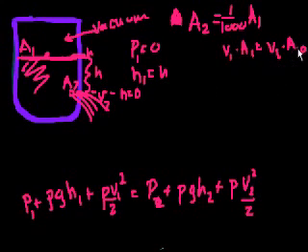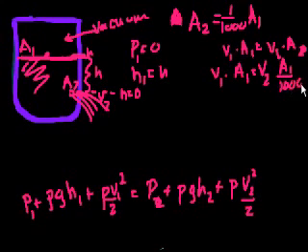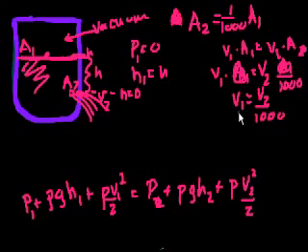So this is area 2. So the input velocity times area 1 is equal to the output velocity times area 1 over 1,000. Divide both sides by area 1. So we know that the input velocity is equal to V2 over 1,000, right? So that's good to know.